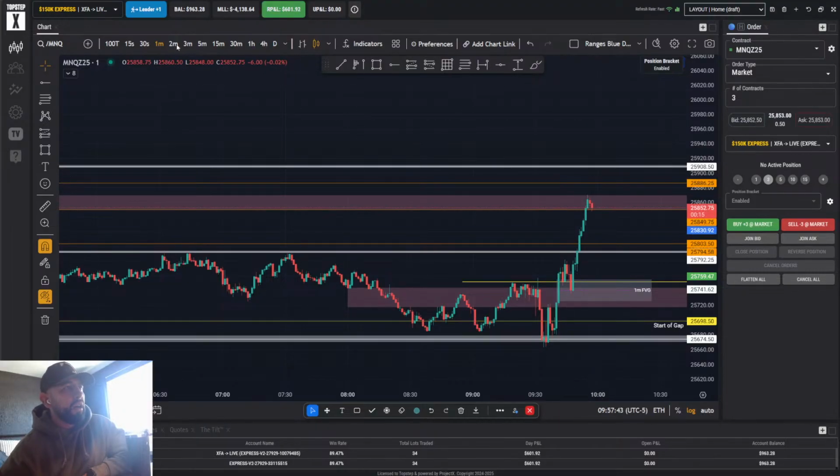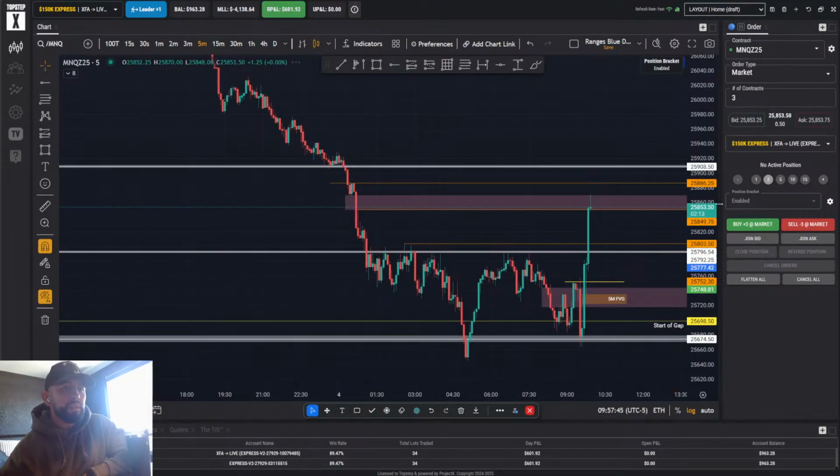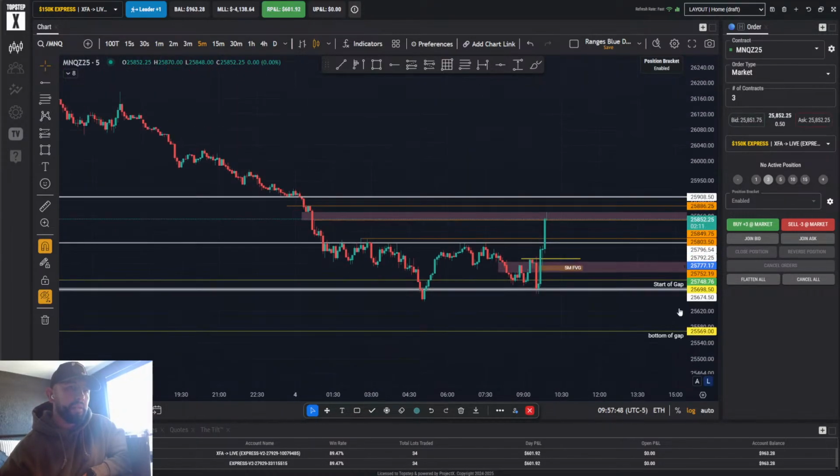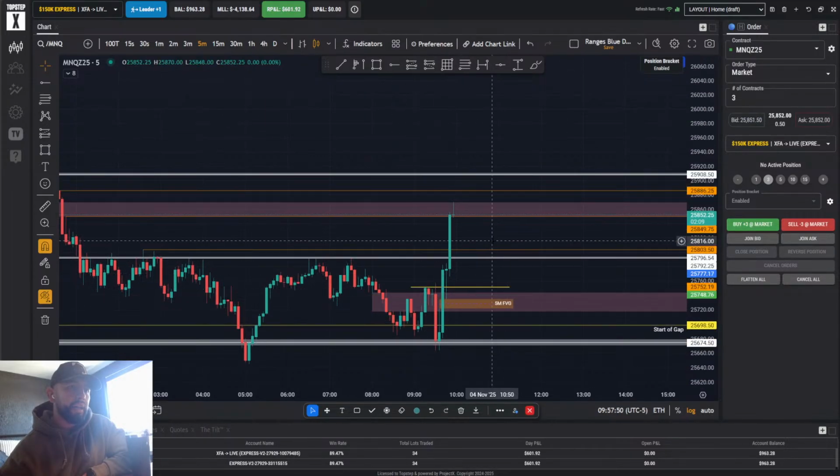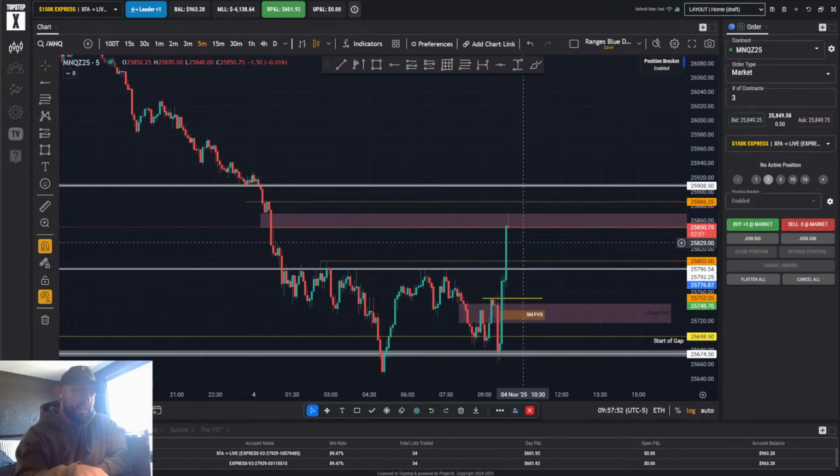Take your entries on the 15-second time frame. I like to use a bigger time frame to get my bias for the next move, probably like 15 minutes or so.